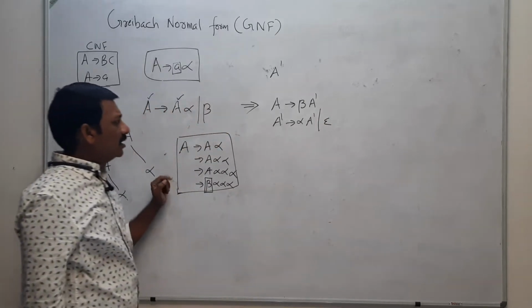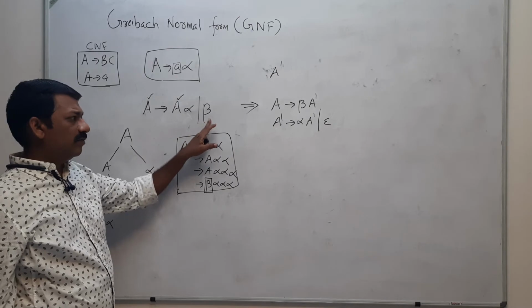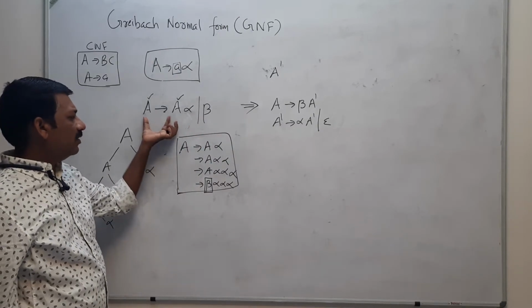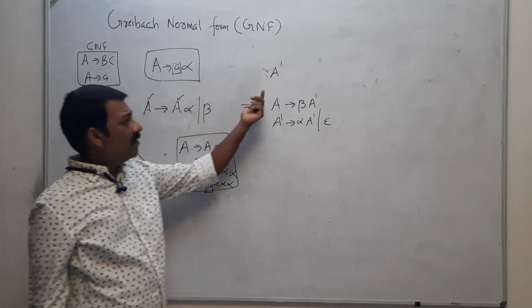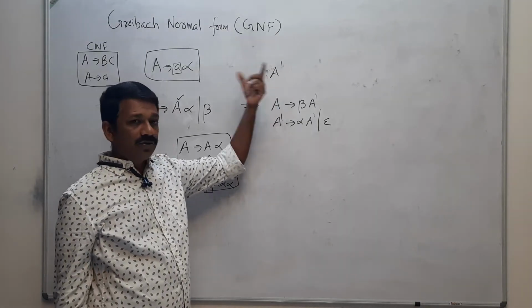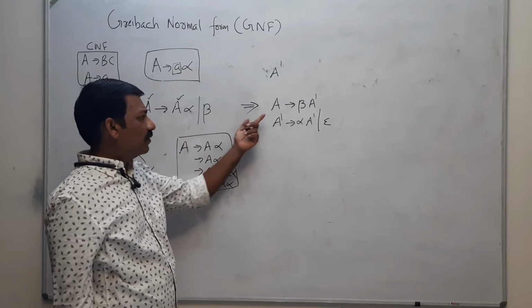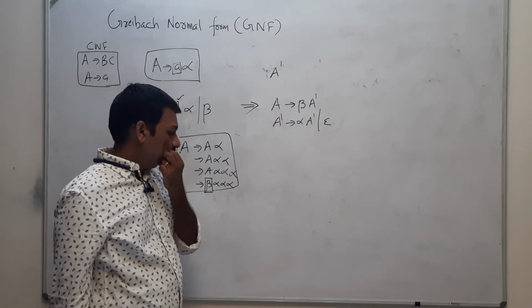That means here we have two productions, A derives A alpha or beta, and I am going to replace that. Then I have eliminated the left recursion here, and I have added one more variable to the set of variables, which is A dash.